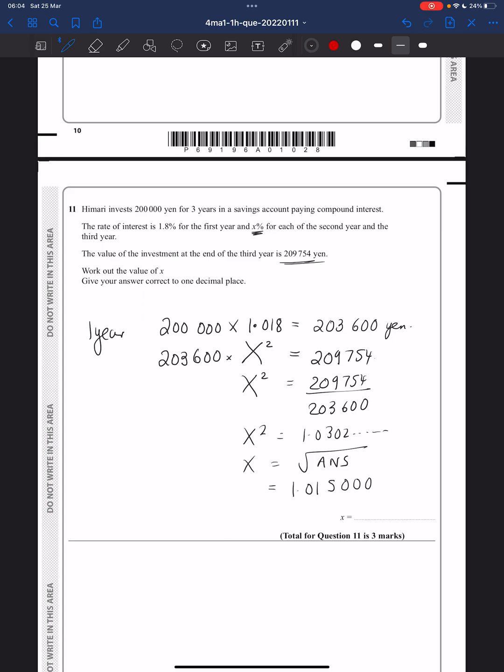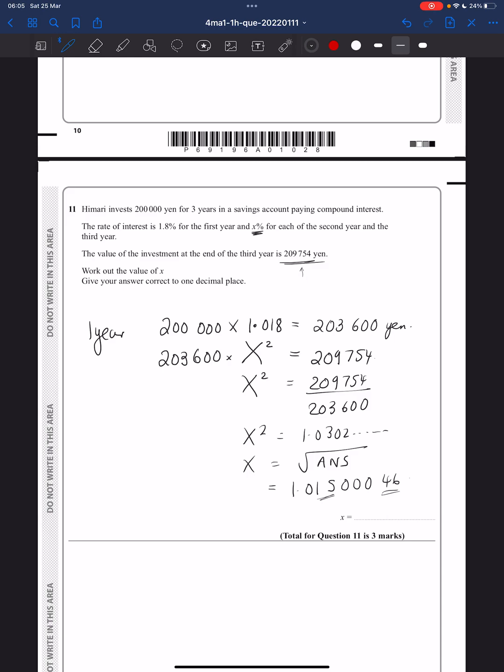But also it's got a little bit more here. I'm just going to check because I wasn't expecting that bit. I was expecting that bit only. So we've got 200,000, so it's a 2 with 5 zeros, times 1.018%, 203,600, and then 209,754 divided by answer, and I've kept it accurate.